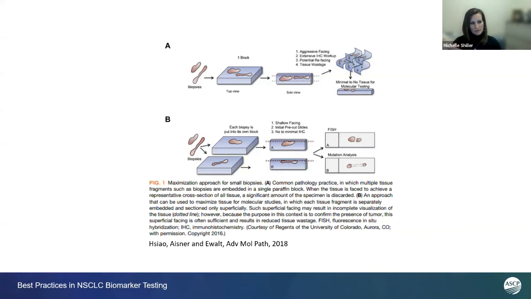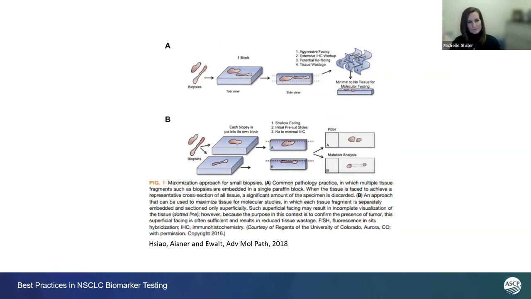So when you put the specimens in separate blocks, like you see in the B portion of the diagram, you can optimize each tissue fragment for its individual shape and size. And even if all the tumor is in block B, you would know how careful to be.